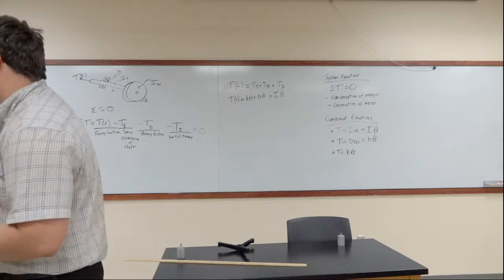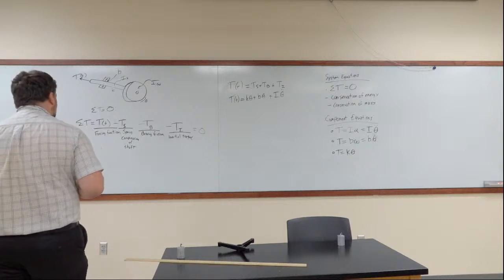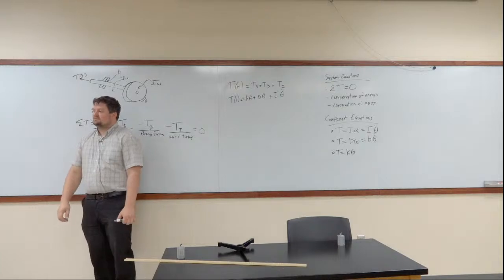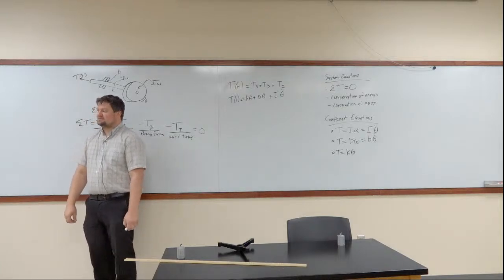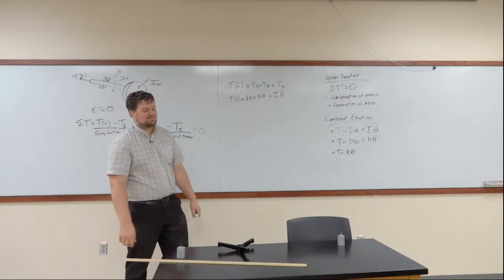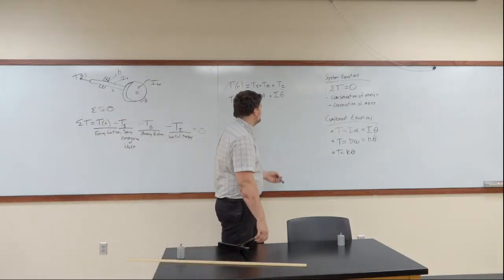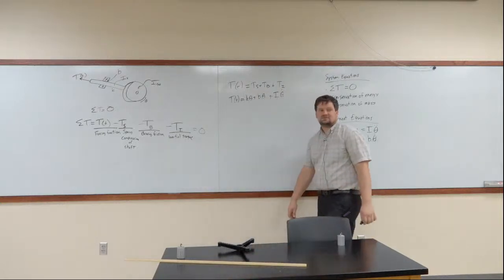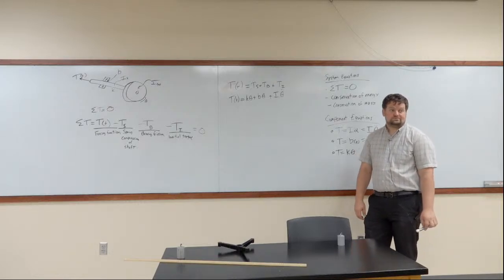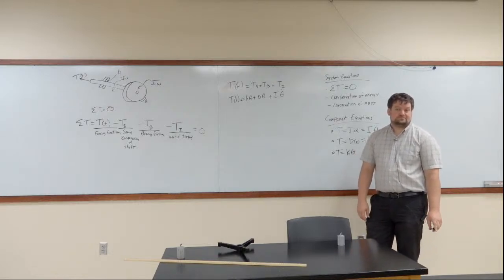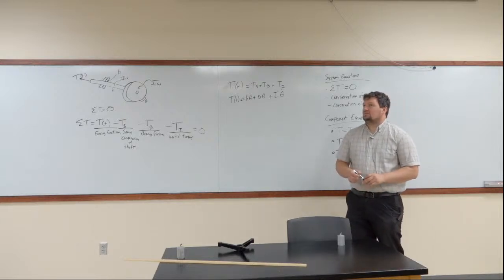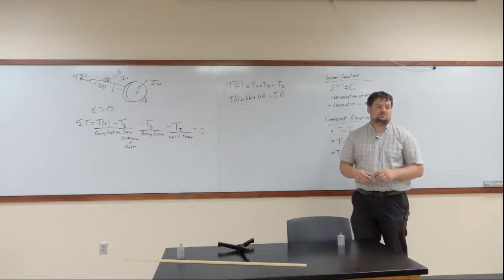Angular mass. We divide by the angular mass, or the moment of inertia. Why are we dividing by I? So you can find theta double dot. So we have theta double dot by itself.